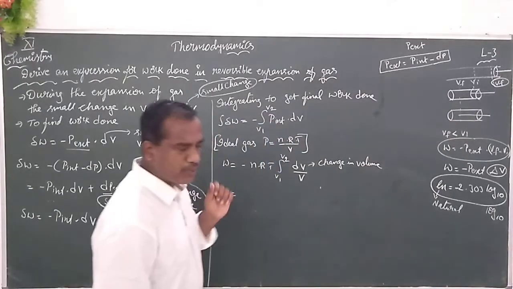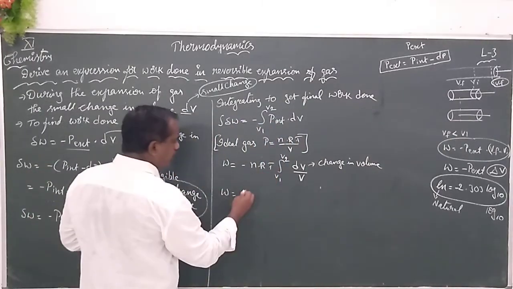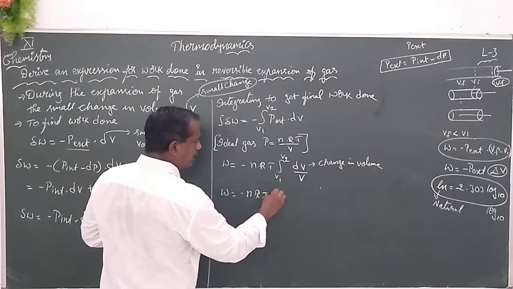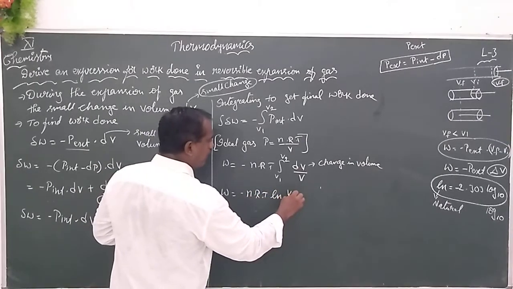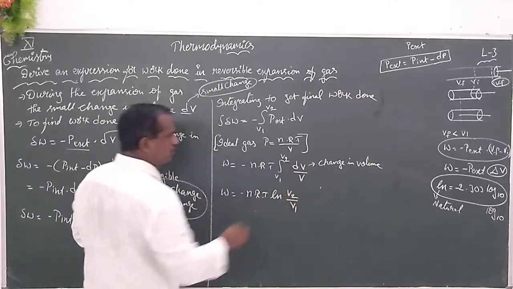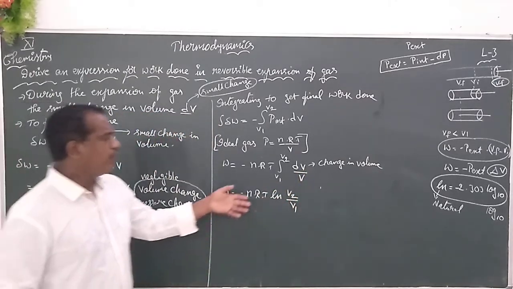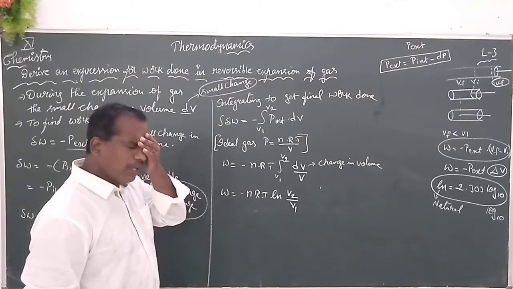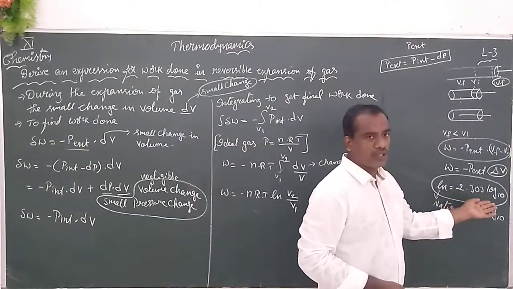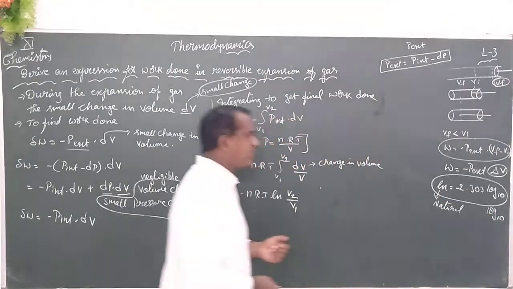So these two forms you must not forget. Upon removing the integration, you will get minus nRT ln of V2 upon V1, where V2 is the final volume and V1 is the initial volume. If you want to remove this ln, it is equal to minus 2.303 log base 10.